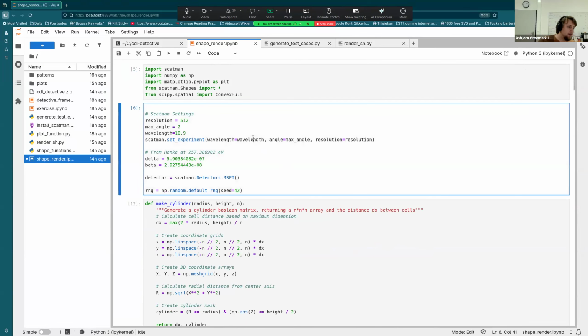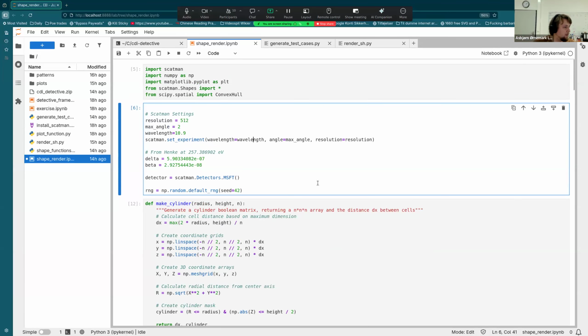Scatman generally works through this multi-slice Fourier transform technique, which is basically you step through whatever target you have in slices, and then you can get the contribution of each slice to the final diffraction image by doing a Fourier transform through the slice.